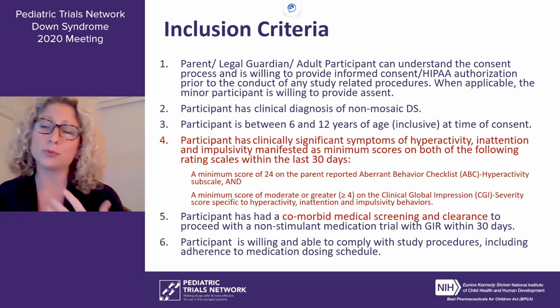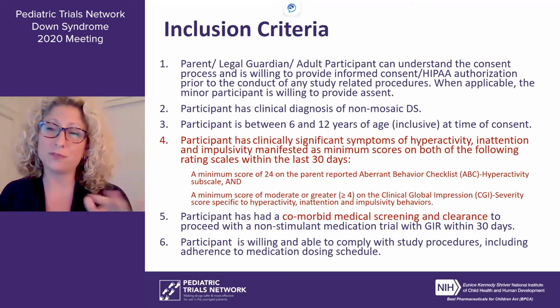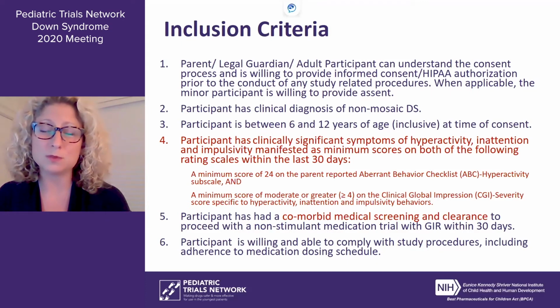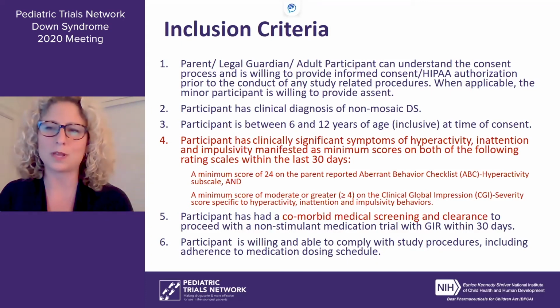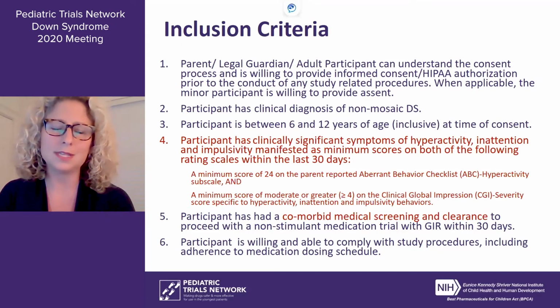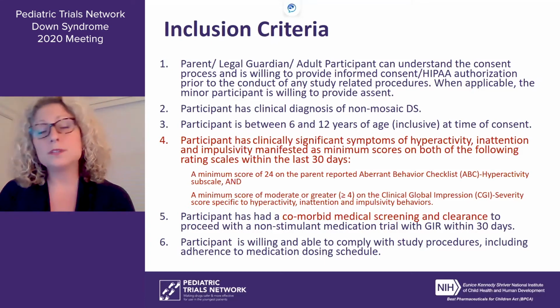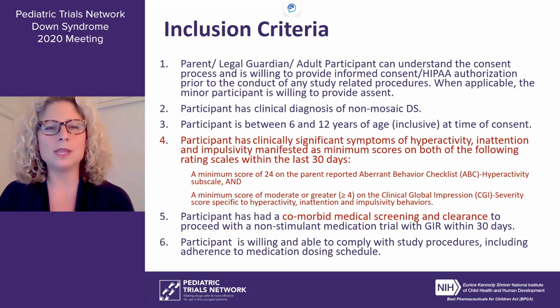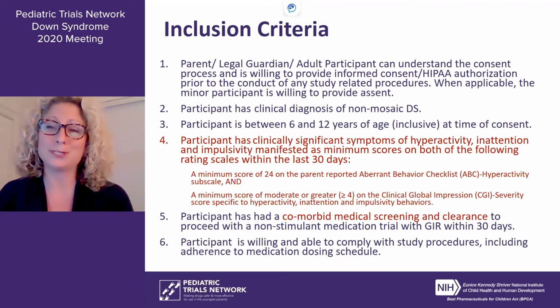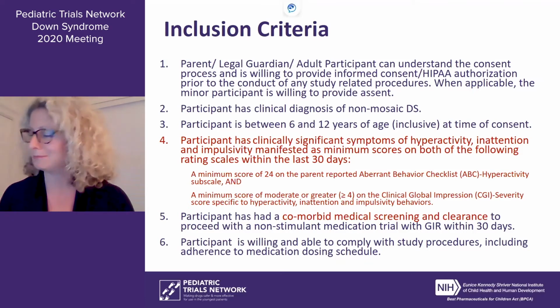And these have been used in previous trials in different populations of autism spectrum disorder, and we thought we would incorporate that as well, so that basically patients had to have clinically significant symptoms to be enrolled in the study. We also would like them to have any comorbid medical screening and clearance prior to being enrolled in the study. And of course, the participant has to be willing to participate.